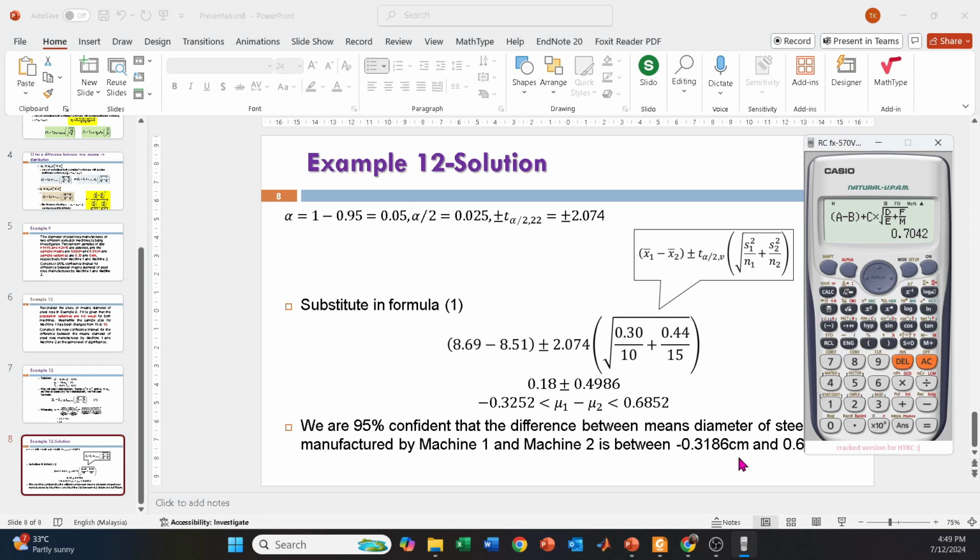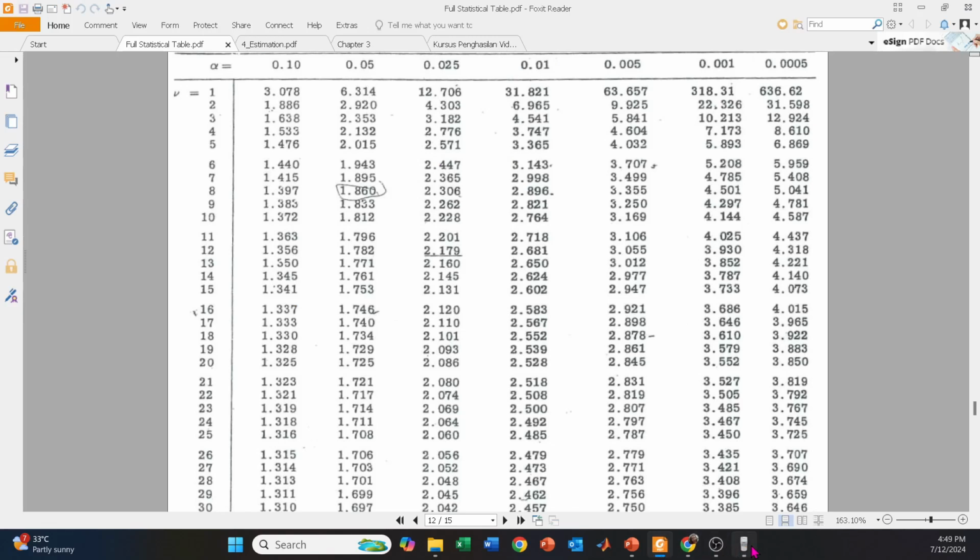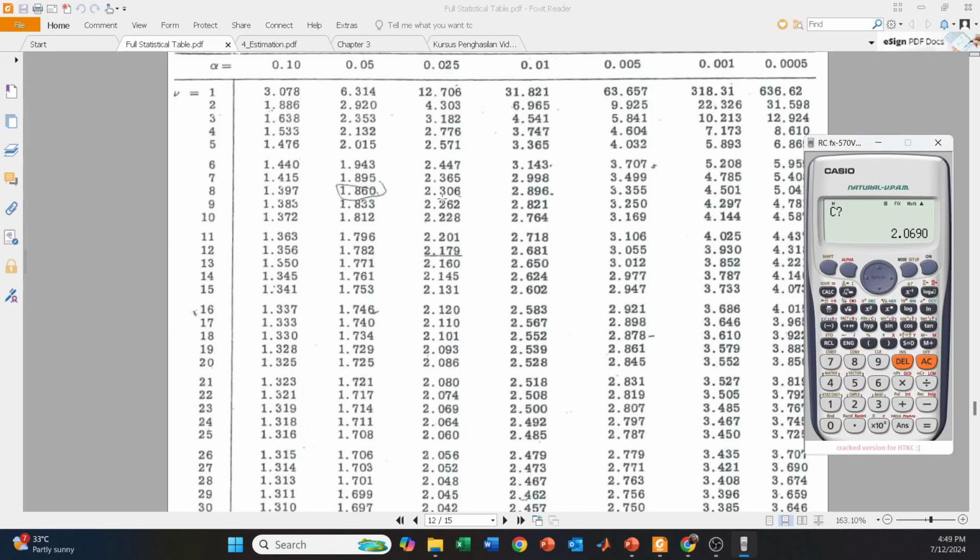We use the same formula to get the lower confidence limit, where A is the mean of sample 1, 8.69. B is the mean of sample 2, 8.51. C now is t alpha over 2 nu. In the previous video, sample size 1 is 10, sample size 2 is 15, so 25 minus 2 is 23, so it's 2.069.